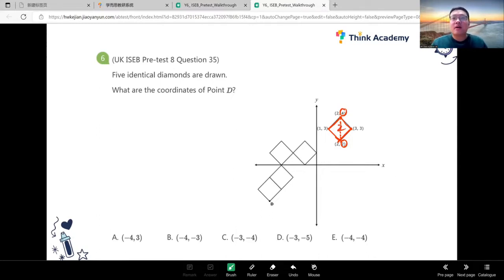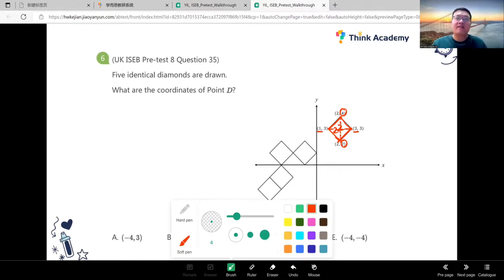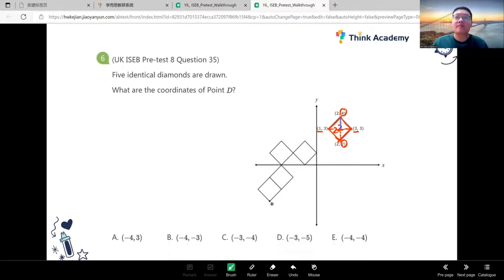This will be 2. And also, if you take a look at the horizontal direction, it's just 3 take away 1, which is also 2. And that means if you cut this diamond into 4 equal parts, 1, 2, 3, 4 parts, the length of each small part will be 1, because you divide by 2.